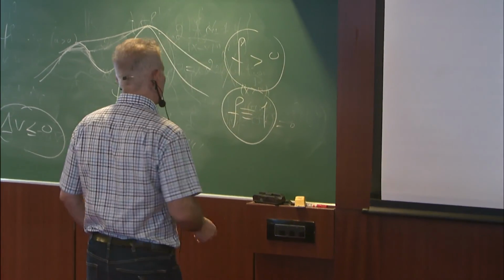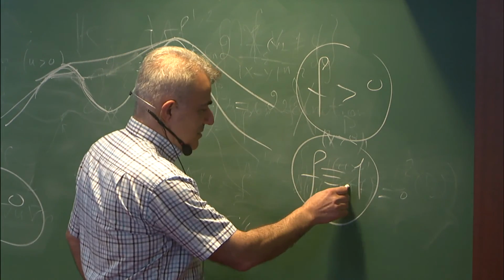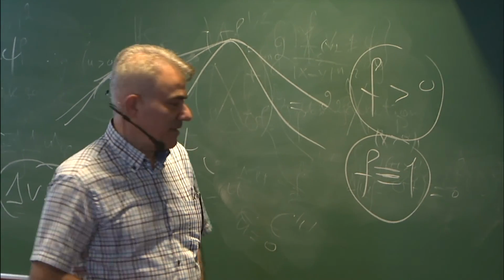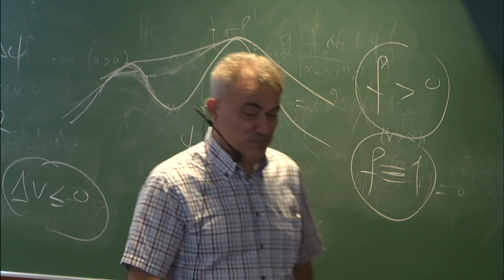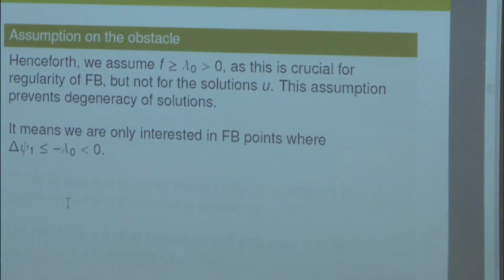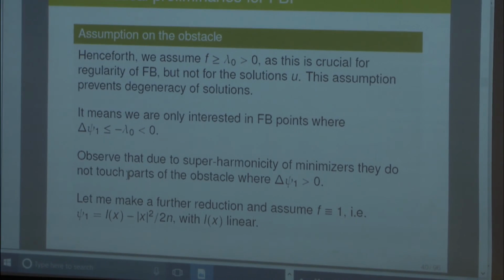You will also see the reason why this is not so much of a restriction, and that has to do with scaling techniques. Okay. So I will assume f is identically 1. That simplifies everything for us.